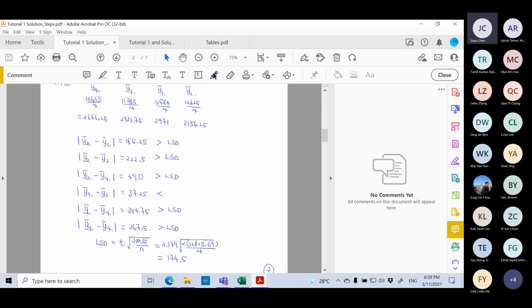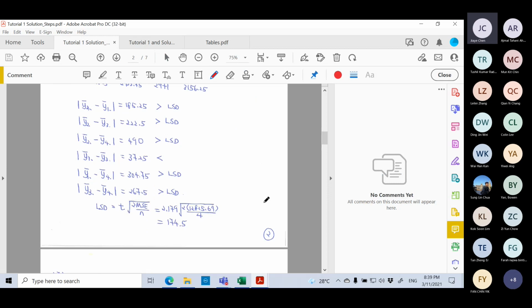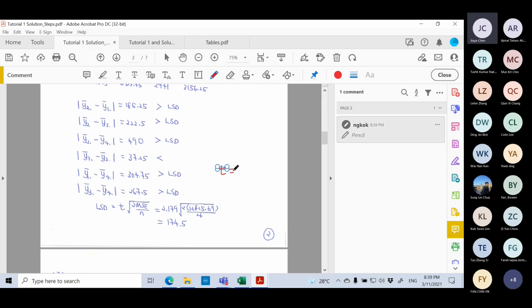I put it here in case you forget it. They need the degrees of freedom as well as alpha over 2.